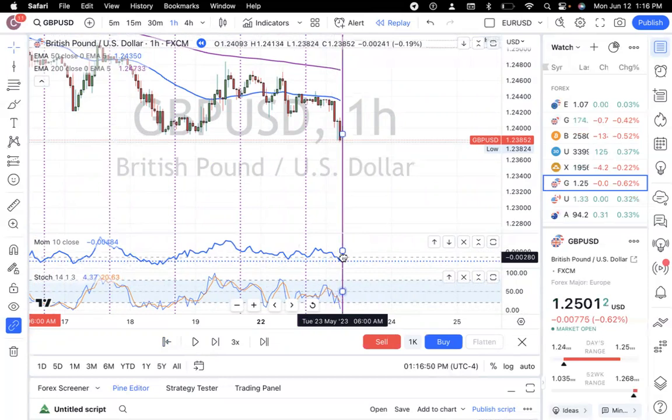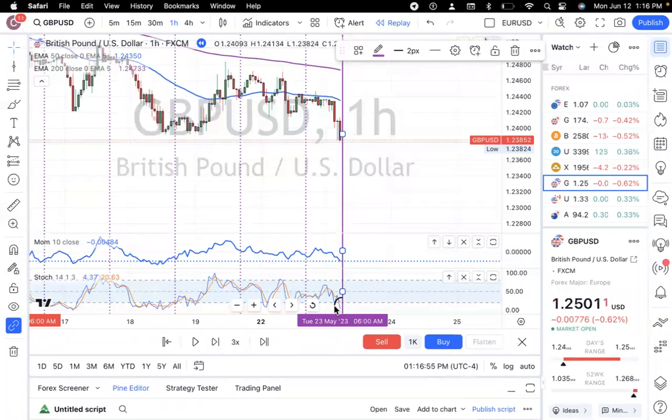We can see right here, down here, the market has moved officially into our danger zone. It's moved into the oversold area, which means that it's going to buy soon. Now, some people would buy right away. They might even get into a buy on that candle.